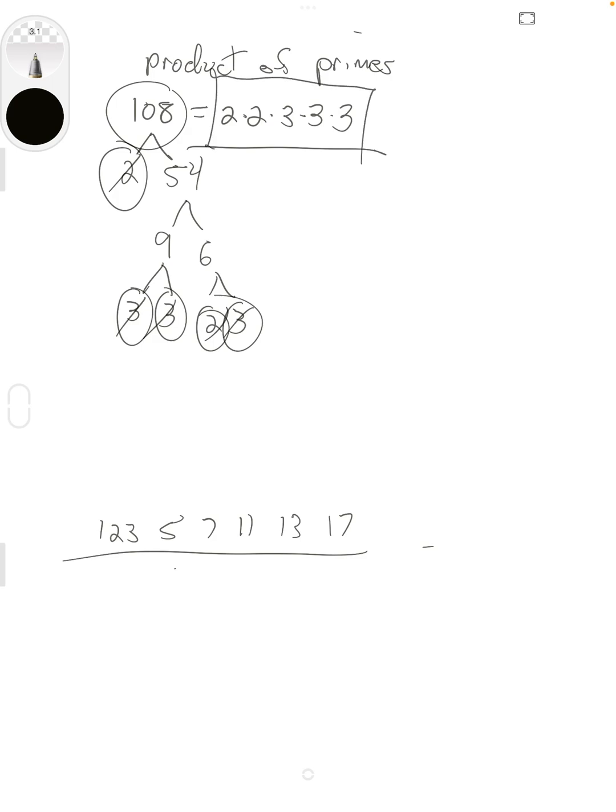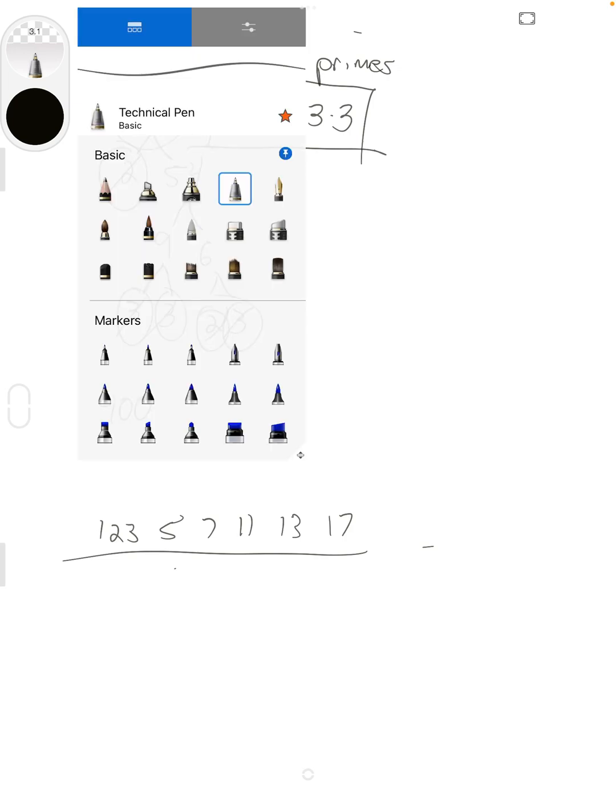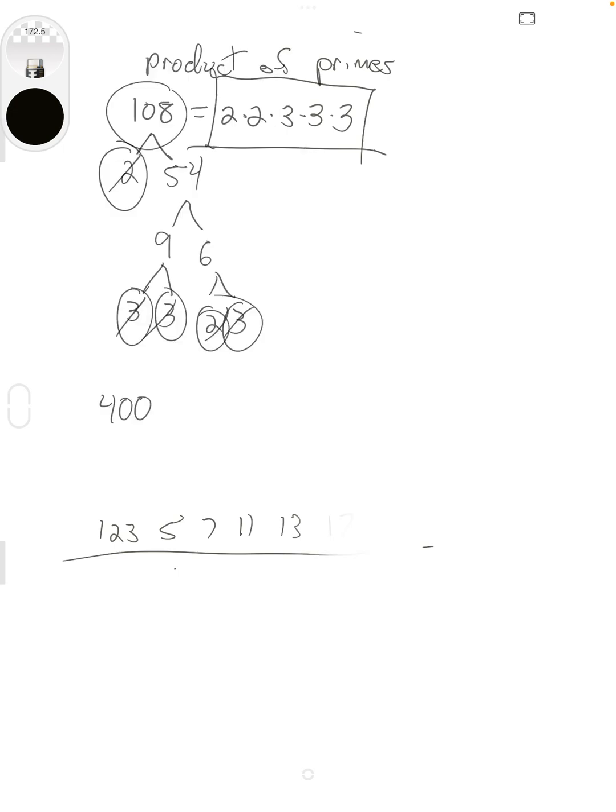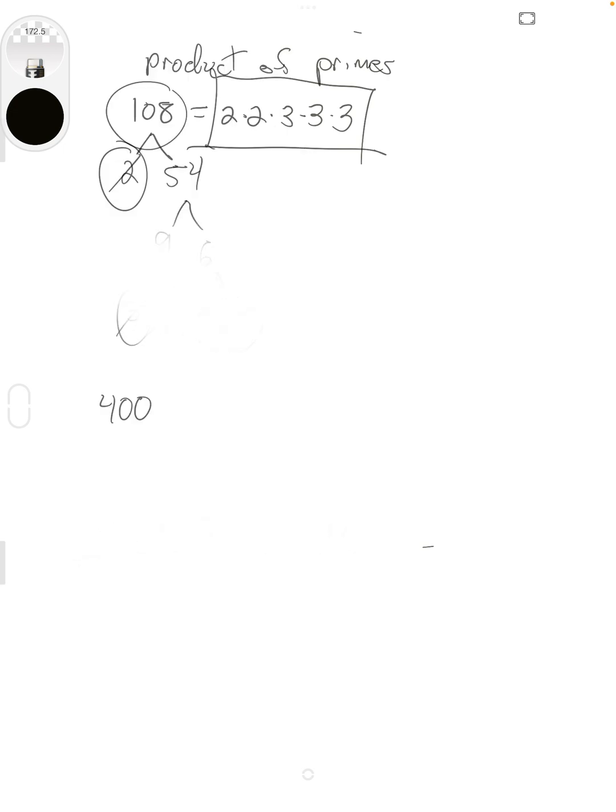One more. Let's try 400. And I'm going to erase these other ones so that they are out of the way. Okay, so 400, well, that's equal to 4 times 100. 100 is 2 times 2. 100 is also equal to 2 times 50. 50 is equal to 2 times 25.